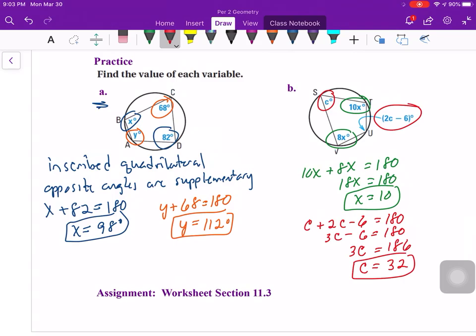If you have an inscribed triangle in a circle, a triangle drawn in a circle where all the vertices are on the circle, and one side happens to be a diameter, then the angle across from that side in the triangle will be a right angle. And finally, if you have an inscribed quadrilateral, a four-sided figure, then the opposite angles have to be supplementary. They have to add up to 180. Hopefully this made sense. Make sure you do the practice.